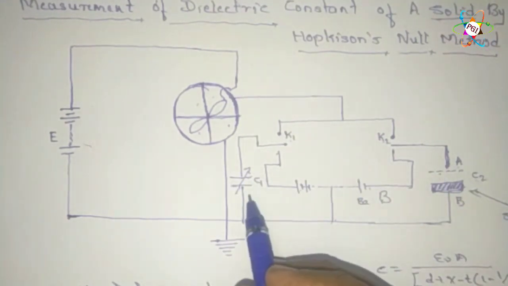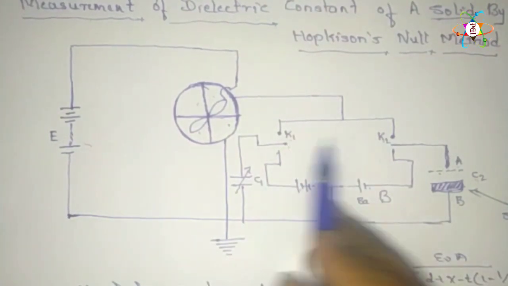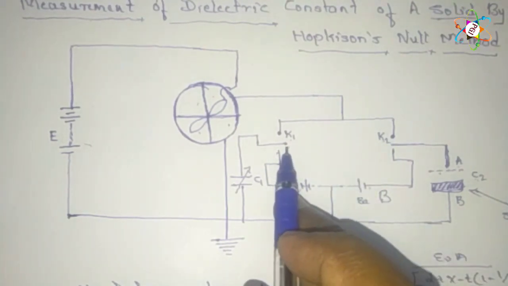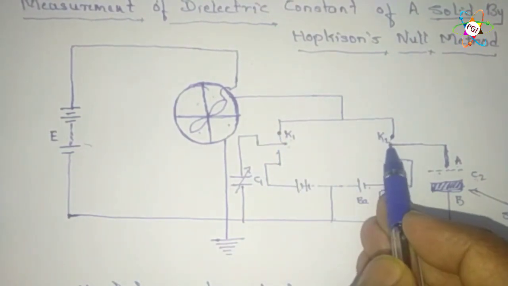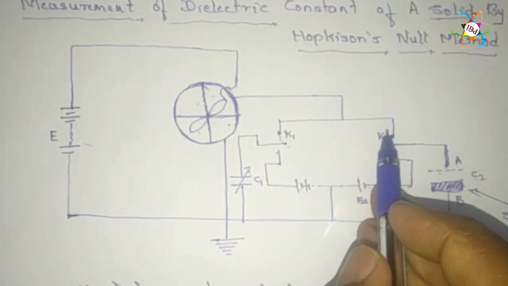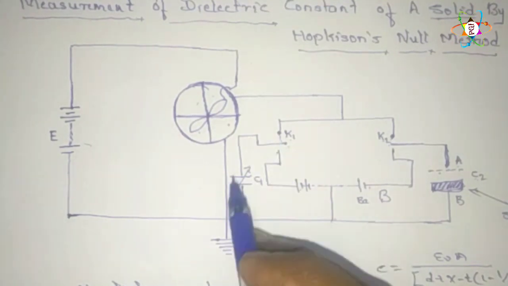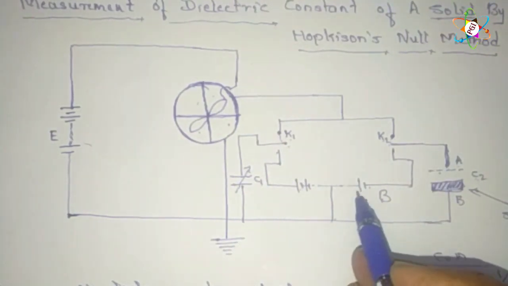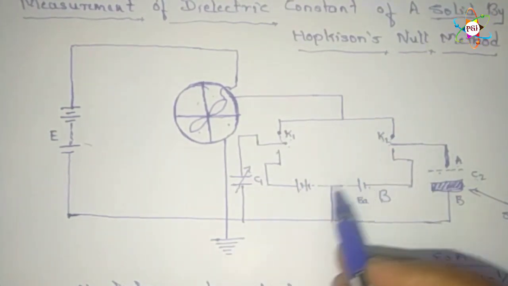Now if K1 and K2 are raised, the contacts of C1 and C2 are connected, and the battery is broken.